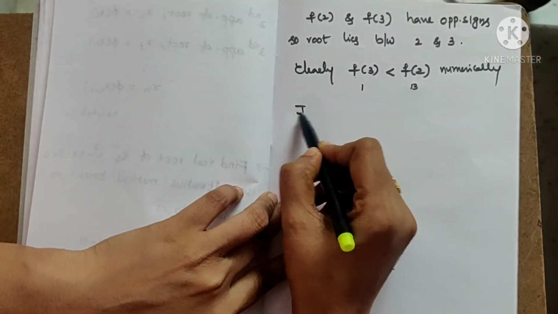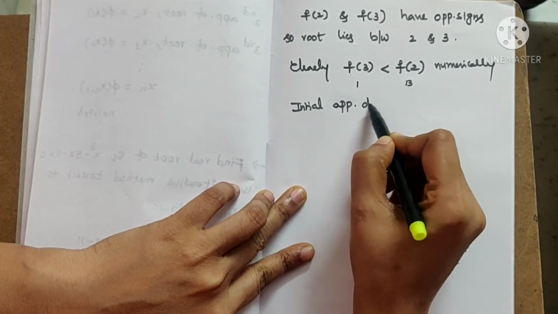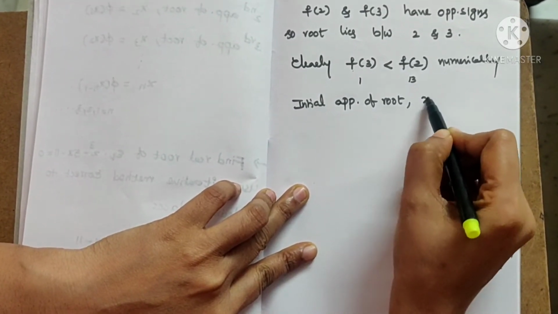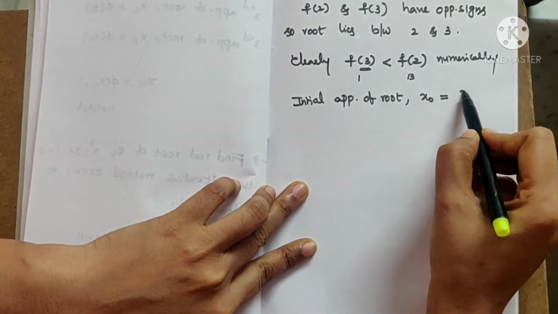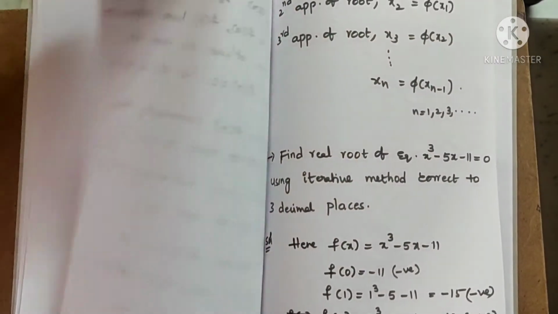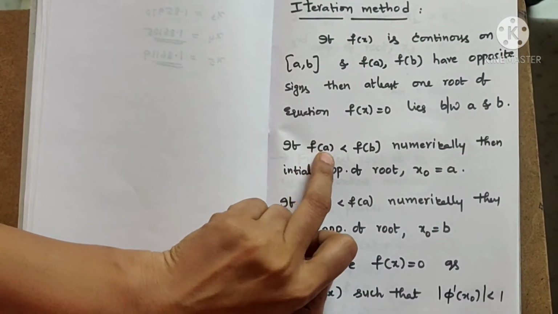So the initial approximation of the root, which we denote as x0, is 3. If f of a is less than f of b numerically, the initial approximation is a.